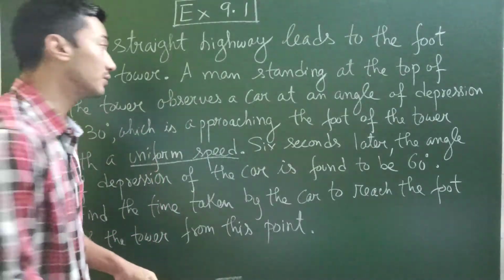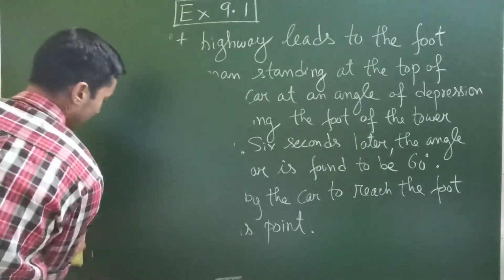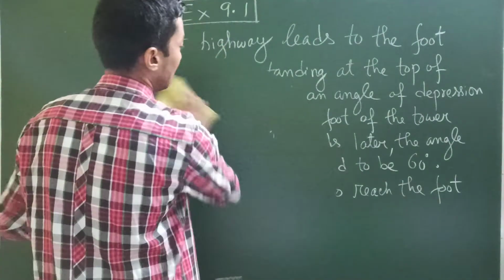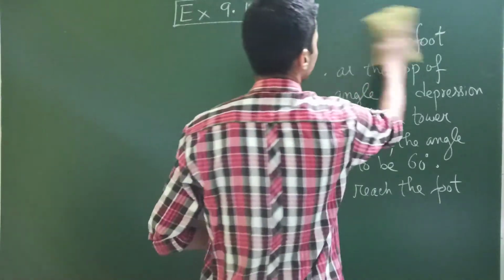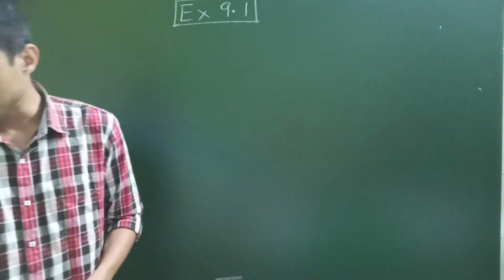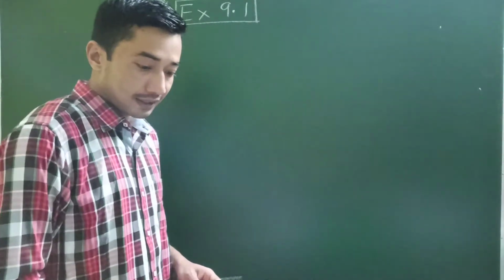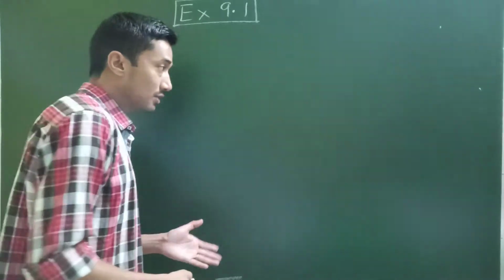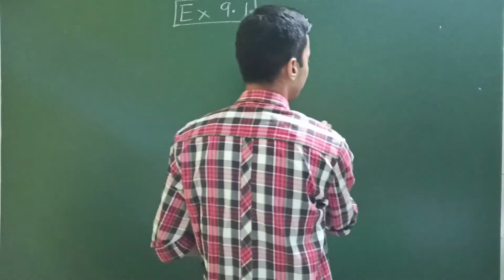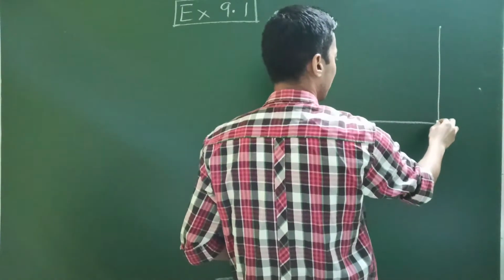So I'm going to rub out the question now. Now you may have written down the question. So let's try to draw the figure. As I always mention, the figure always holds the key. A straight highway leads to the foot of a tower. So let this be the straight highway leading towards the foot of a tower.